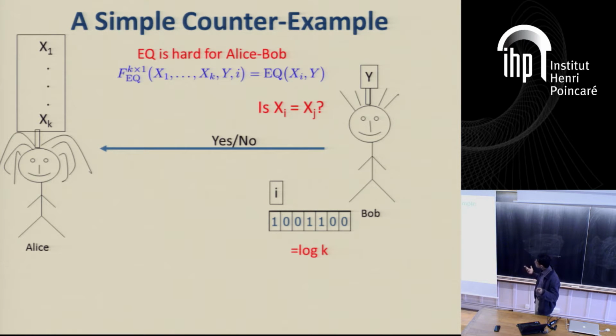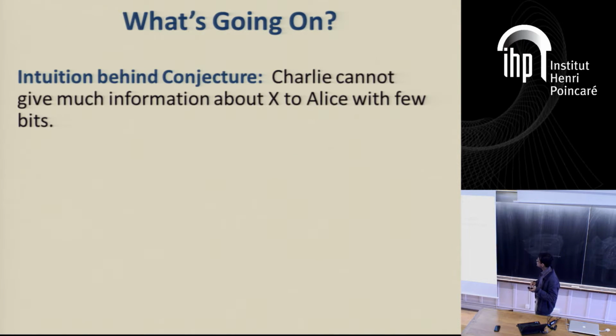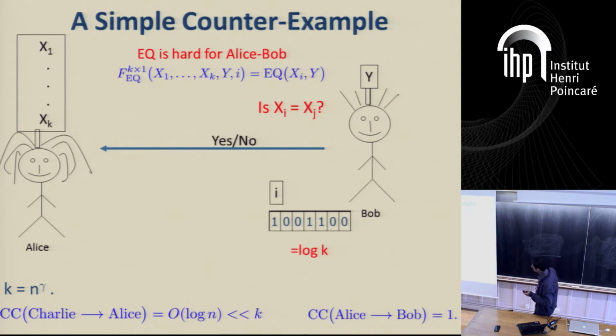So yeah, it's just a simple counterexample. Charlie gives very short advice, and then Alice and Bob can solve the problem. Sorry, not in one bit. Alice had to send Bob the log k bits, and k is polynomial in n, so it's order log n.